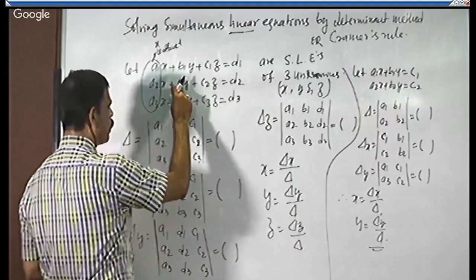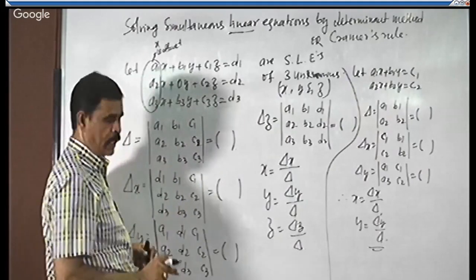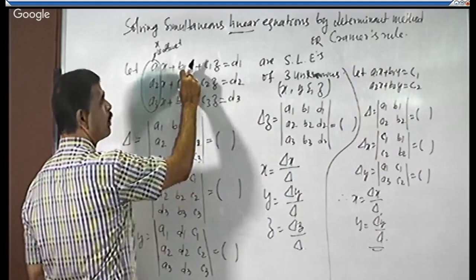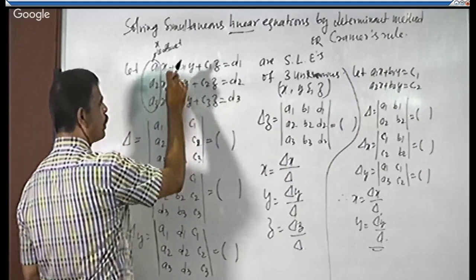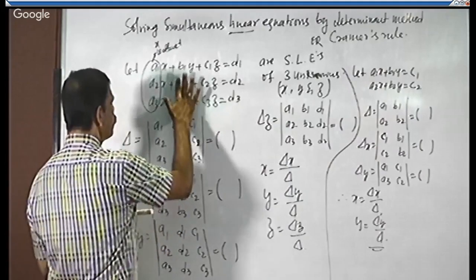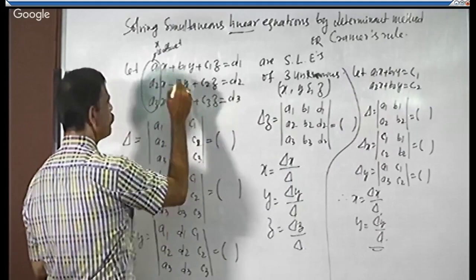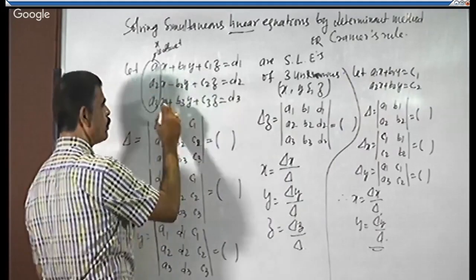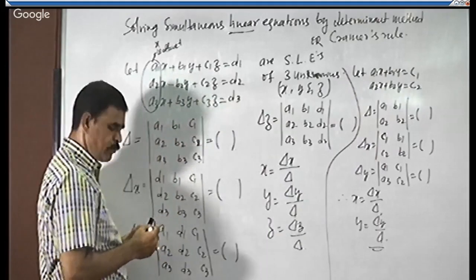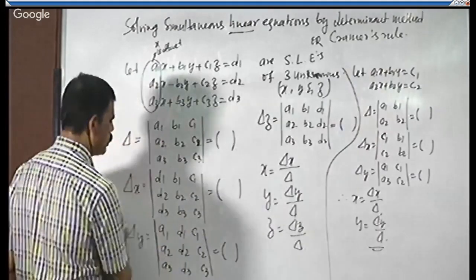So wherever we have b2, all b2 become 0. In the given equation, suppose any unknown is missing, in that position you need to take 0 into that unknown. Sometimes, if the coefficient has a minus sign, along with the minus sign we have to write the coefficient. So these are the points we have to remember while writing deltas.